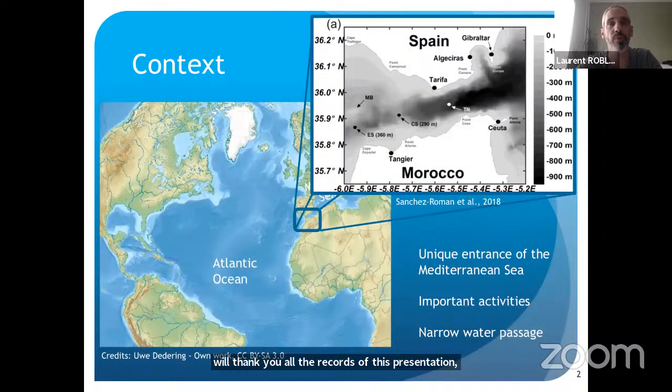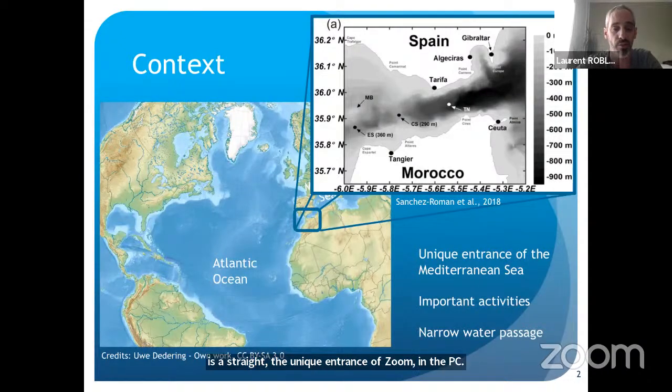So we'll talk about the Strait of Gibraltar. This is a narrow passage that connects the Atlantic Ocean with the Mediterranean Sea, here in the blue box over the map. This strait is the unique entrance of the Mediterranean Sea, which is a semi-enclosed sea between Europe and Africa.